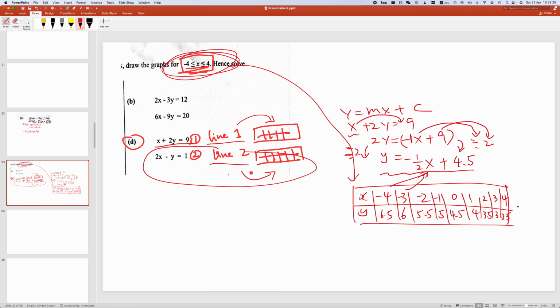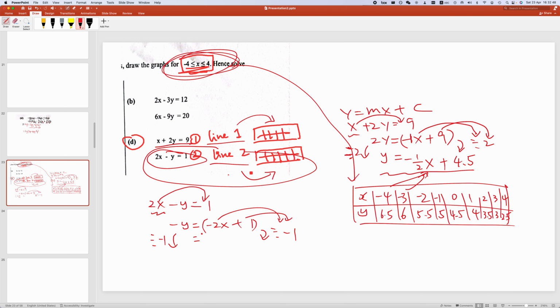So for line 2, you change it to minus y equals minus 2x plus 1, then you divide by minus 1. When you divide by minus 1, you have the first arrow, then the second arrow. So minus 2x divided by minus 1 is 2x. Then this is minus 1.